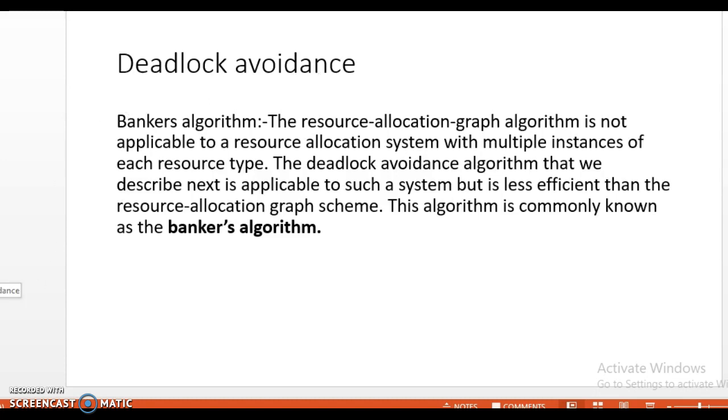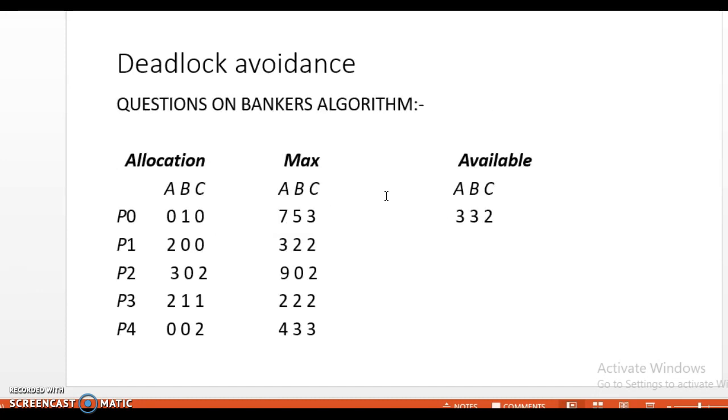And what is the Banker's algorithm? I am not going into the steps and the coding of the algorithm, because that will take quite some time and it will be quite complex, and it is not asked in any university exam or in any GATE paper so far. So what is the important thing?